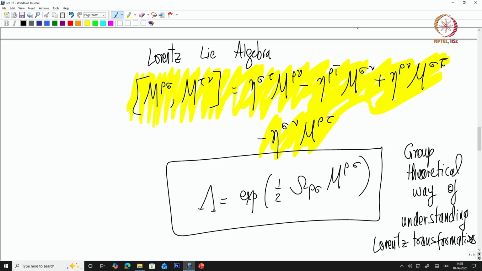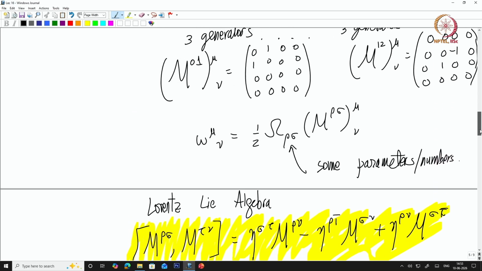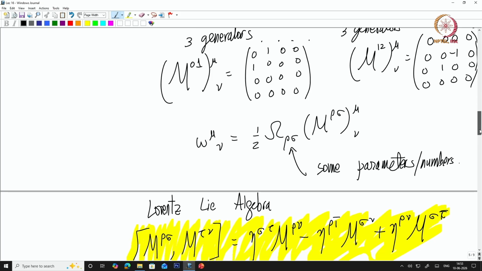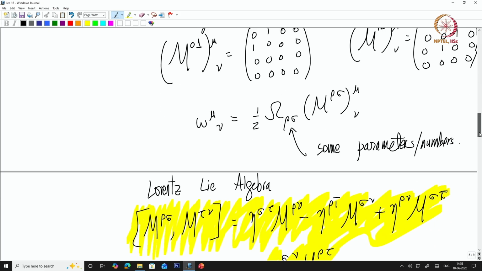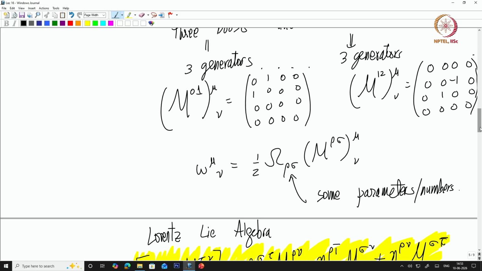And you can re-express them in this particular fashion. And these M's are antisymmetric. You remember that M's are antisymmetric, the diagonal elements are 0. The 0 i ones are symmetric, the i j ones are antisymmetric.